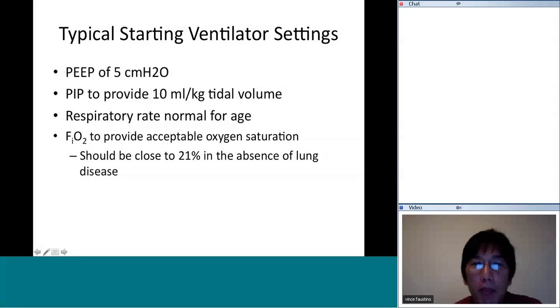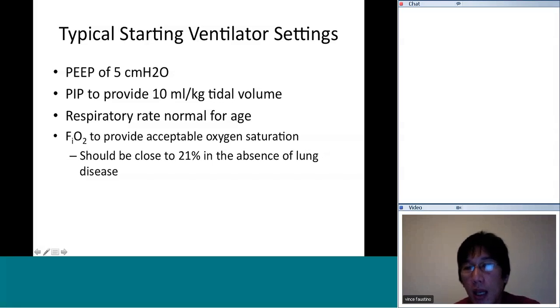We have a PIP, say if we're in pressure ventilation. We provide a tidal volume of around 10 ml per kilo, and we do that by adjusting our PIP. But if we're in outright volume ventilation, then we just set it at 10 ml per kilo. And then the rate, we start them off as normal for age, unless we're close to extubation. And then the FiO2, we provide as much as needed to attain acceptable oxygen saturation.